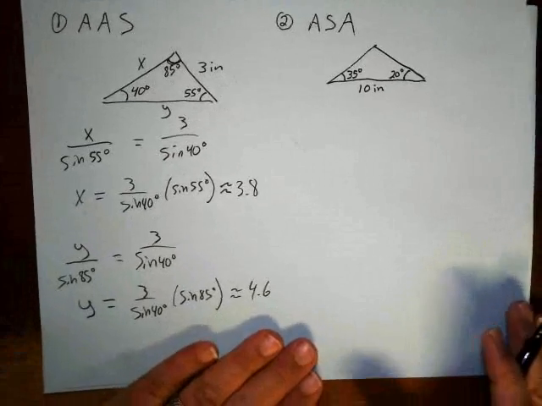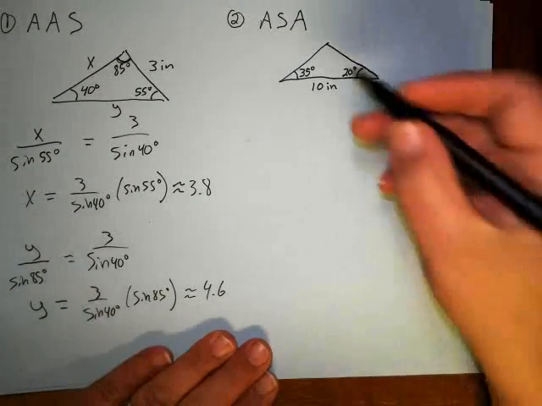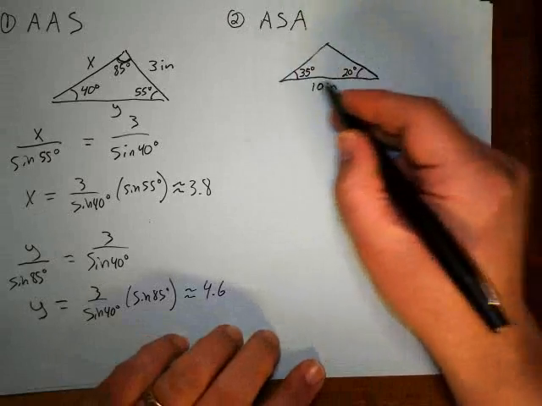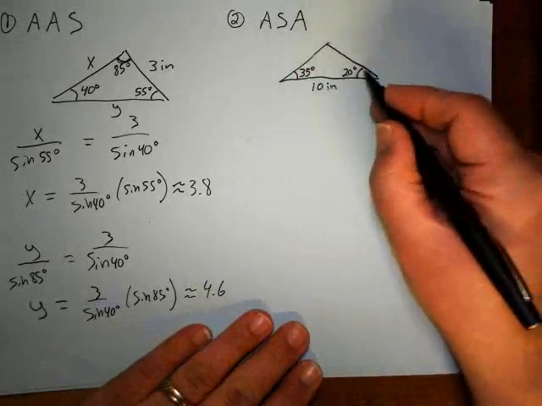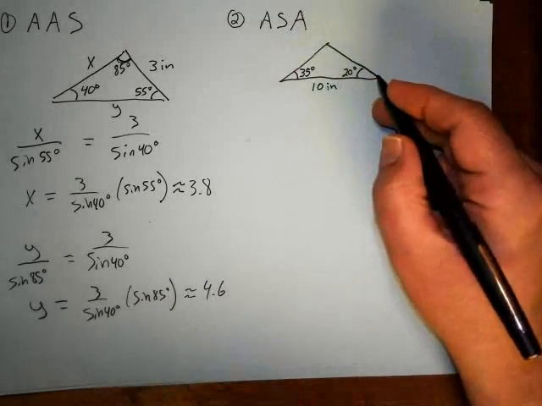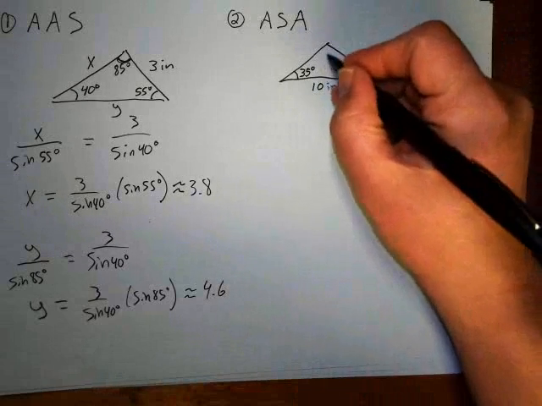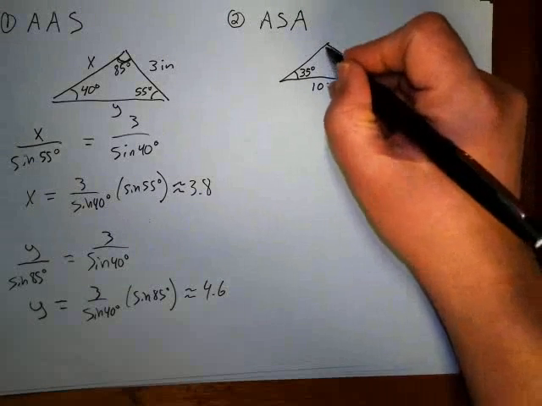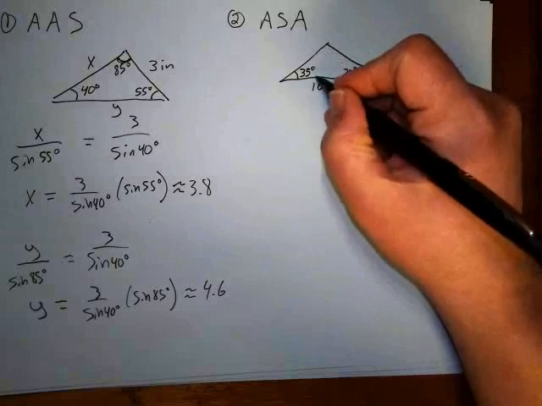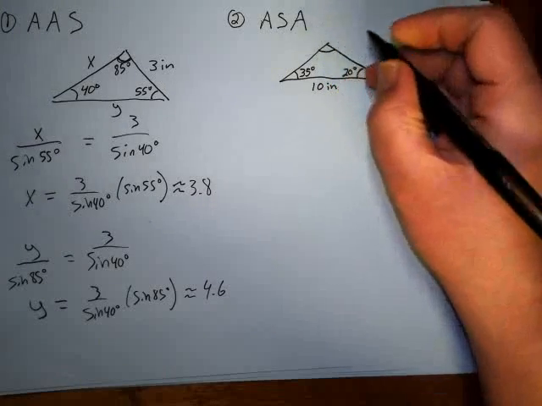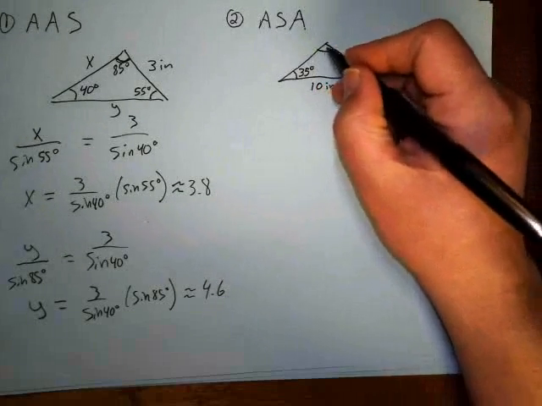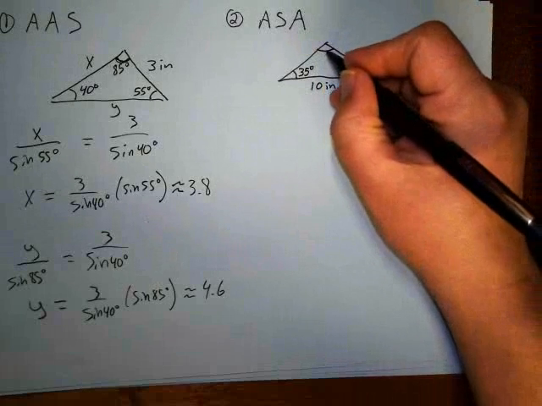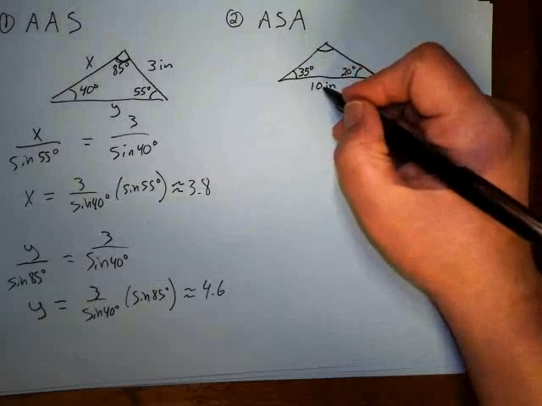Okay, so let's do one more here. This is ASA, so now the two angles are on either side of this side. And so if I want to solve and find these sides, I need at least one pair where I have the angle and the side.